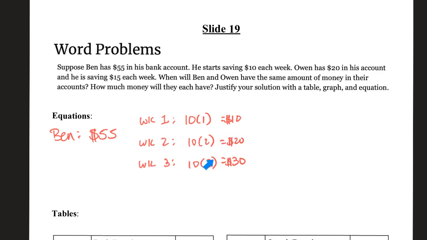That's how much he has. And then I do 10 times 3, so I get $30. So let's set x equal to the number of weeks that have passed.